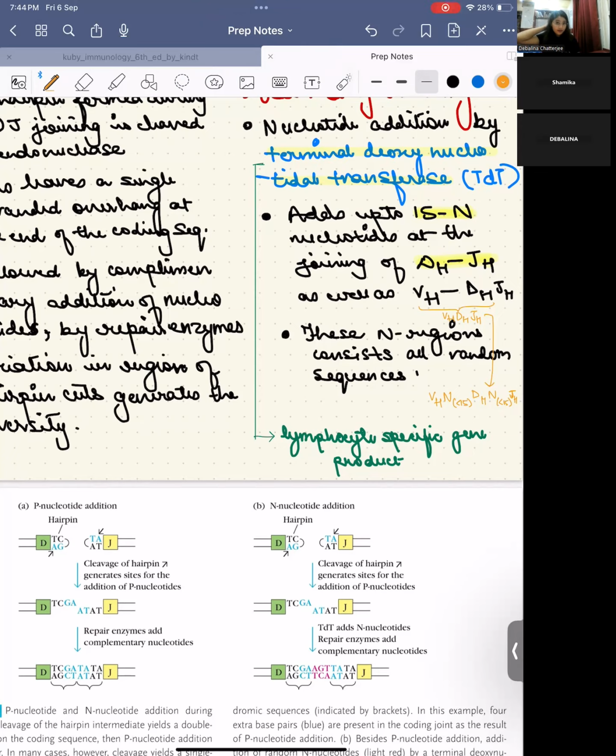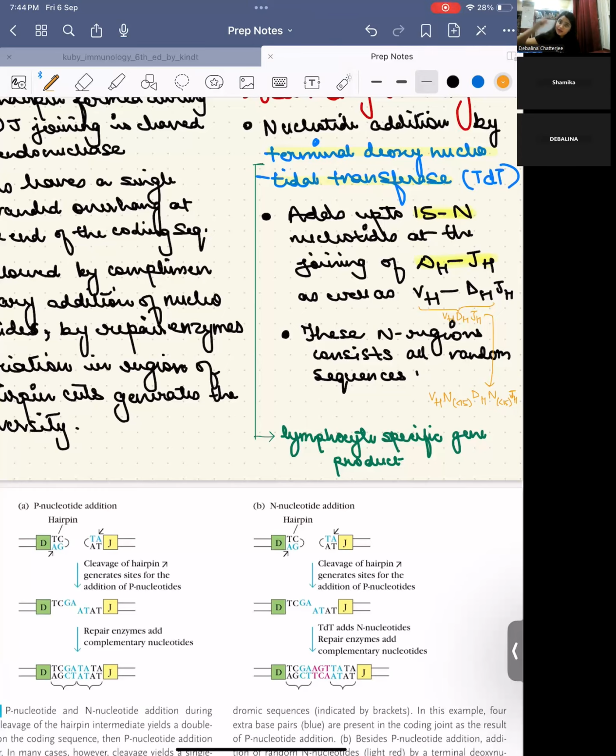So remember from the previous class, the cell will be triggered for cell death, or the antibody will be destroyed, or both will happen. If the antibody is not useful, the B cell is not useful, so the body is going to kill it off. Either it is going to enter another round of recombination, as I was saying, or if that is also not happening, the other allele is given a chance.